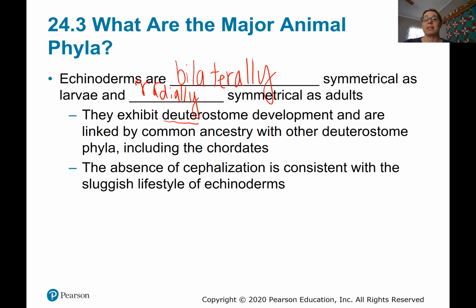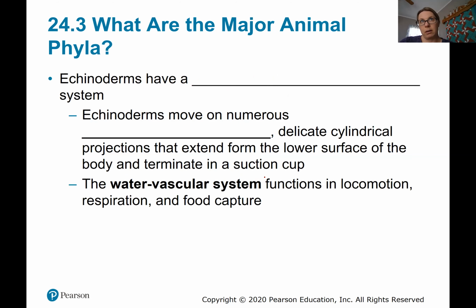Remember, the mouth is the second opening during embryological development. And that is something that the chordates, or the vertebrates that we're going to study in the next chapter, also have. They do not have cephalization, so they don't have a head region either. So there's some similarities with chordates, and there's some similarities with the other invertebrates as well. They're kind of like an animal that has both characteristics.